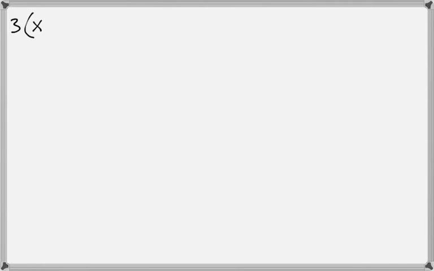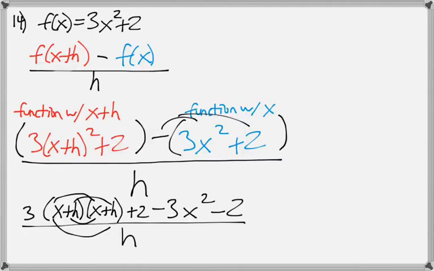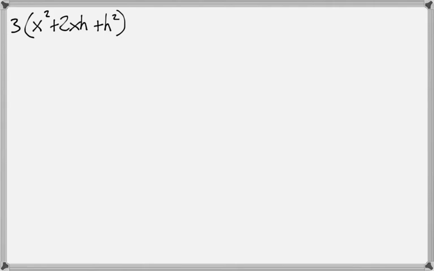That should get you x squared plus 2xh plus h squared, and then you'll notice that the 2 and the minus 2 are going to cancel out, leaving you with minus 3x squared all over h.